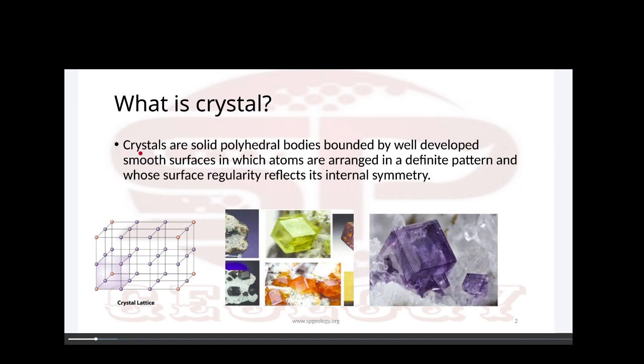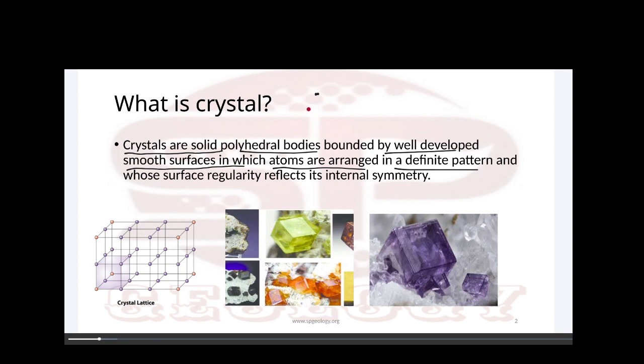So first thing, crystals are solid polyhedral bodies bounded by well developed smooth surfaces in which atoms are arranged in a definite pattern. So first, a crystal should be a solid body; any liquid or other form cannot be considered as a crystal.